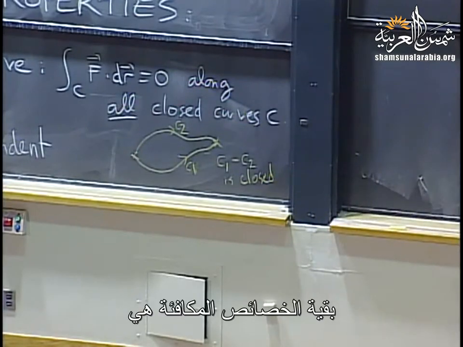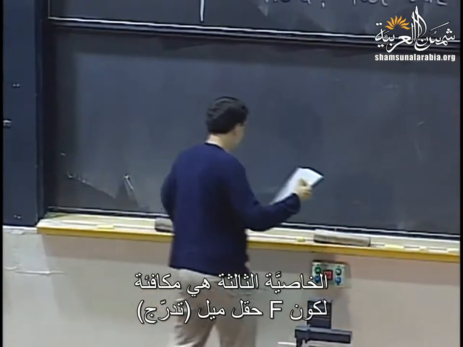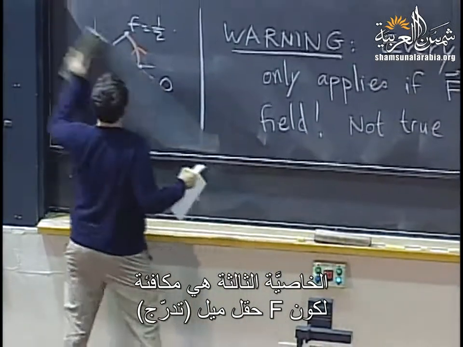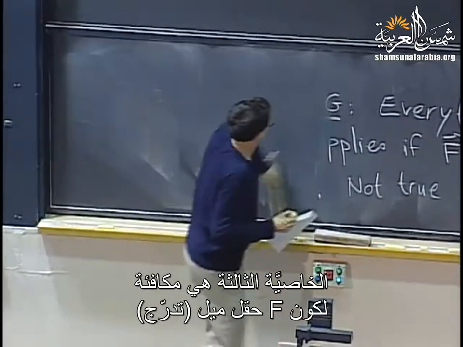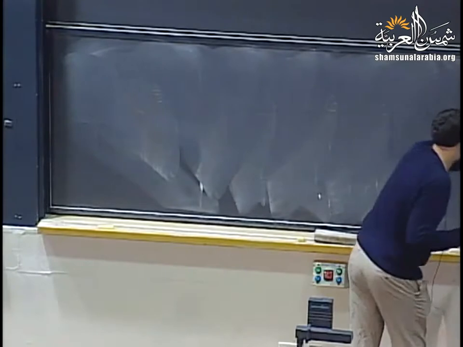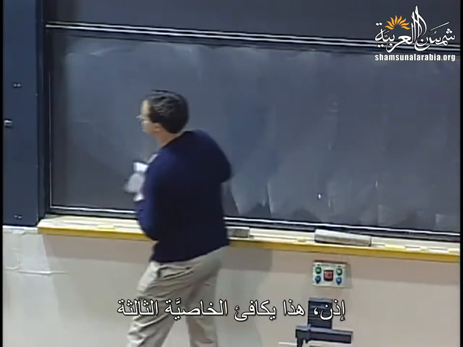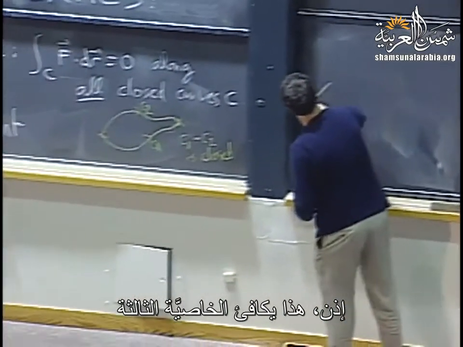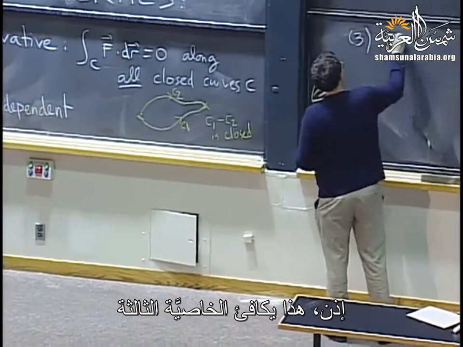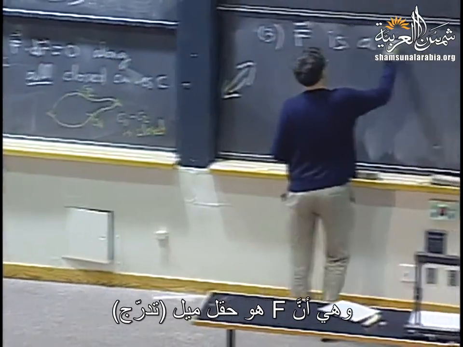More things that are equivalent. I have 2 more things to say. The third one is equivalent to f being a gradient field. Okay, so this is equivalent to the third property, f is a gradient field.